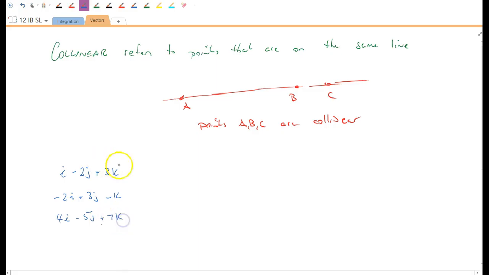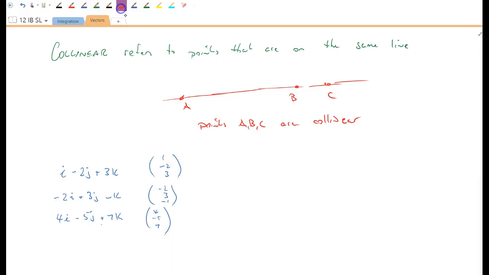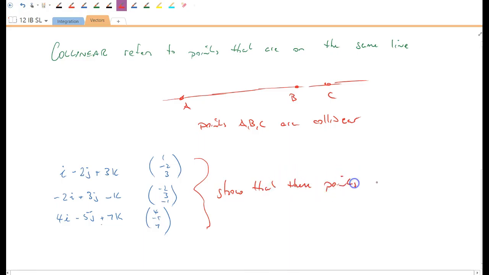So these refer to points. This is the point 1, minus 2, 3. This is the point minus 2, 3, minus 1. And this is the point 4, minus 5, 7. Now what we're being asked to do is show that these points are collinear.